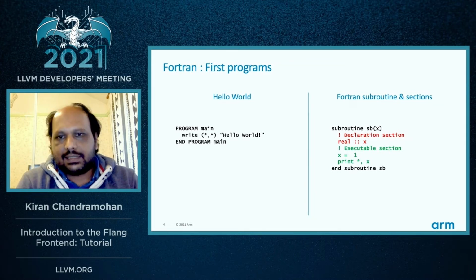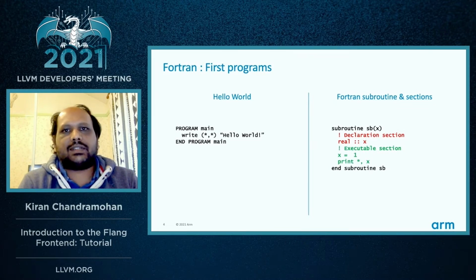The code on the right-hand side has, in red, the declaration section, which declares a variable called x with type real. And in the executable section, the value of 1 is assigned to x, and it's printed. In Fortran, all the variables have to be declared at the top, and it does not allow mixing of declaration and executable code.